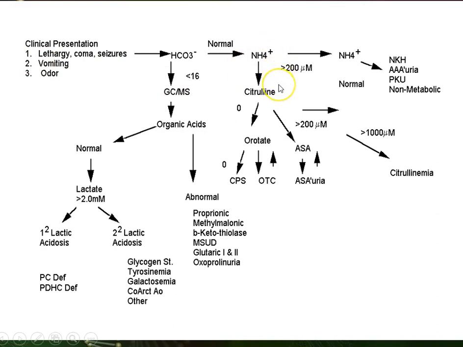If the ammonia is elevated, it may indicate a urea cycle defect, which we have talked about, including ornithine transcarbamylase, argininosuccinate synthetase deficiency, citrullinemia. And if all that's normal, it still could be a metabolic disease, including something called nonketotic hyperglycinemia, phenylketonuria, and then, of course, non-metabolic causes.